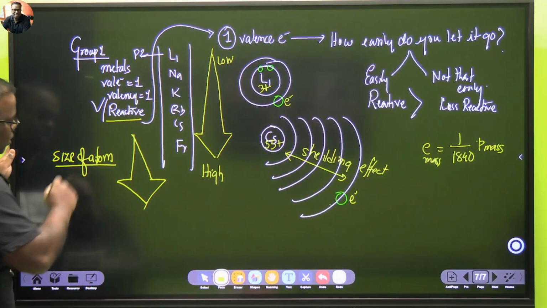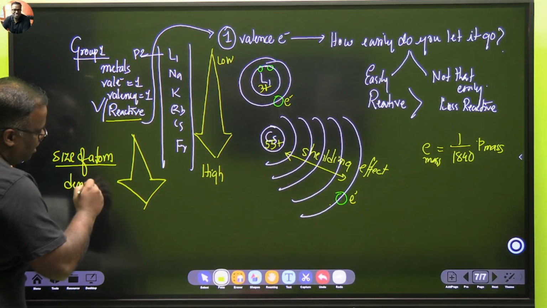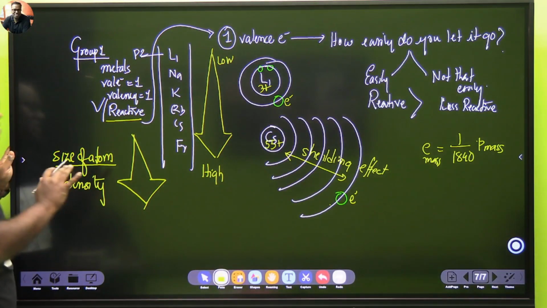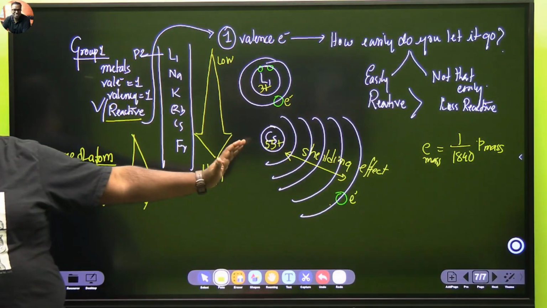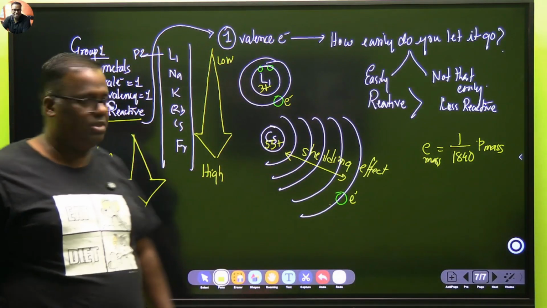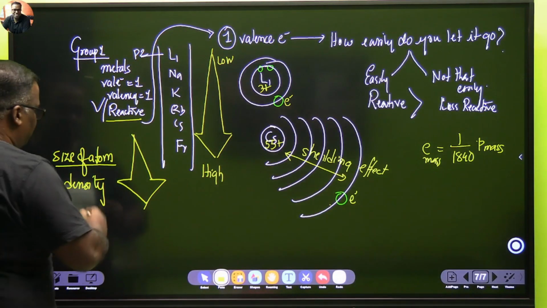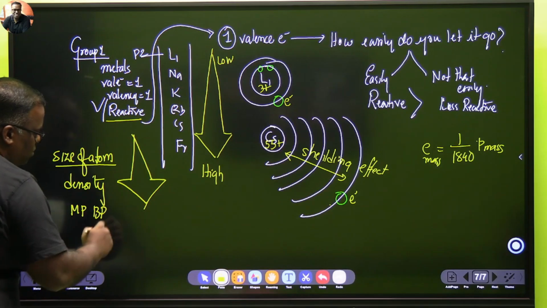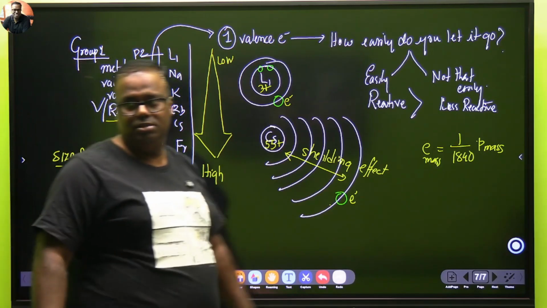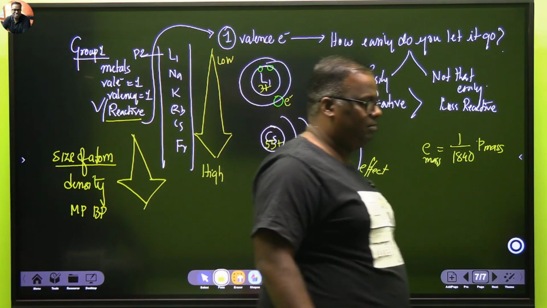So generally we will also see size increases, density should increase. This is overall for the periodic table, okay? But there will be some variations also. Then what about the melting point and boiling point? Things are getting heavier, so those will also increase, right?